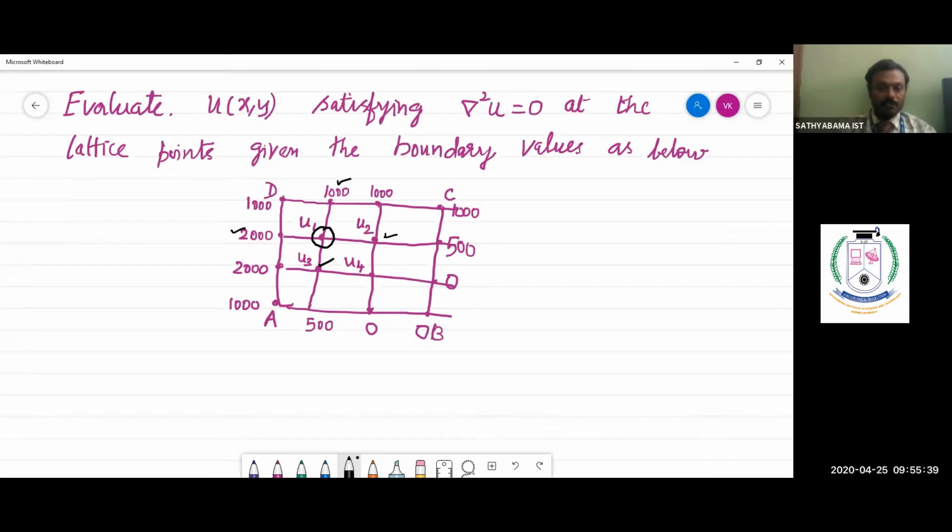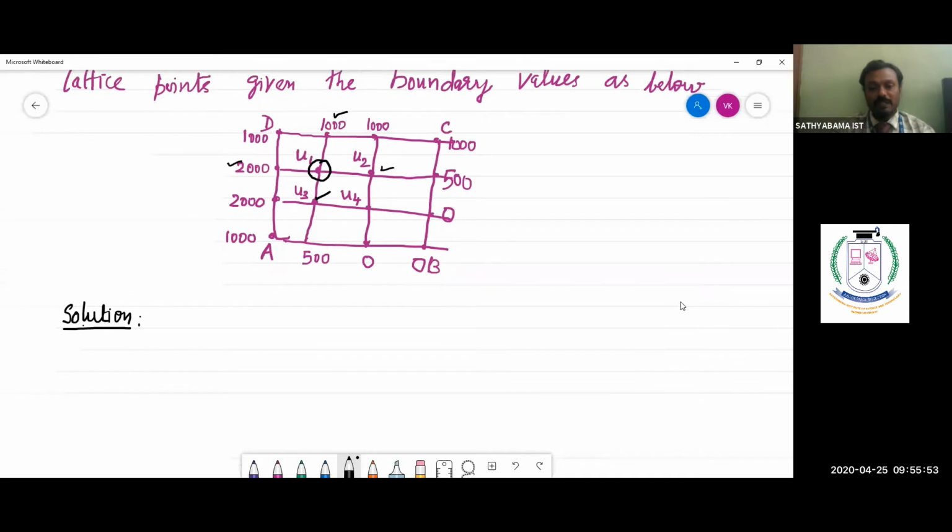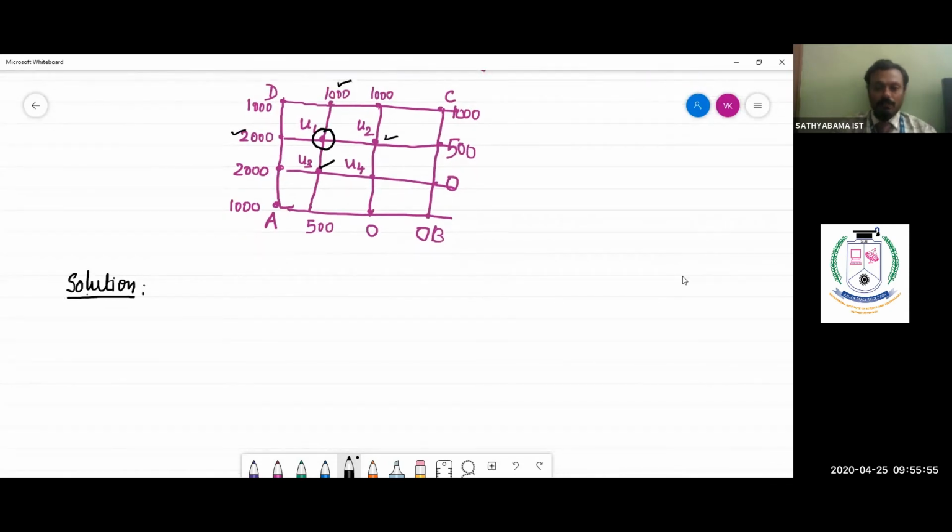So if you wish to solve such a PDE, the solution to this PDE is to find the value of U1, U2, U3 and U4 satisfying these boundary conditions. And if you wish, you can take down this difference equation representing the Laplace equation.